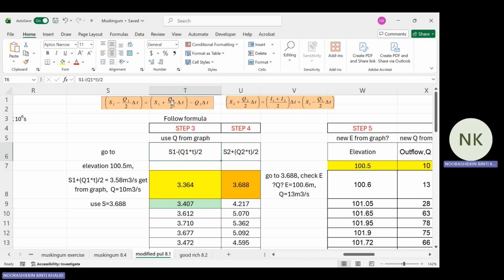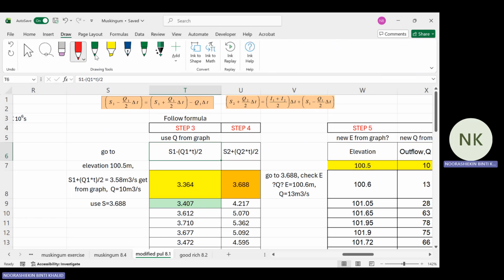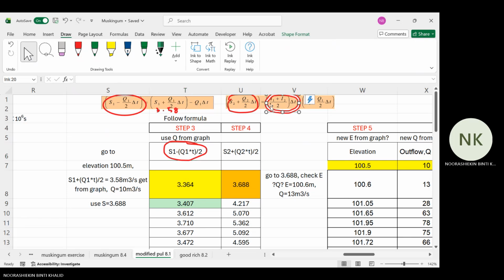So that is why I find 3.58 first, minus Q times T. This is the equation. So also this one, S2 plus QT, this equation. So I find out from I average times T plus S1 minus Q1 times T. So that is why you use this equation.